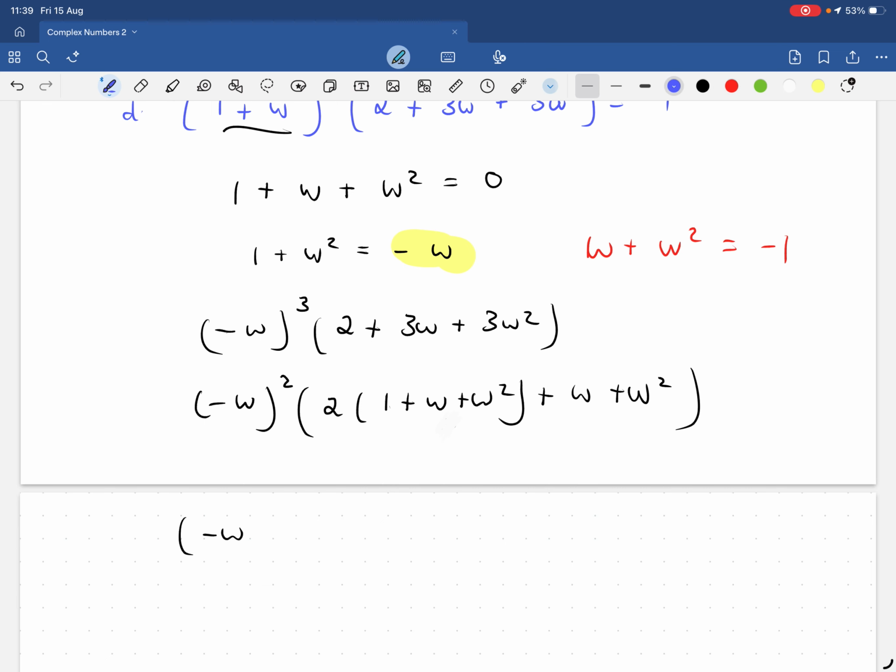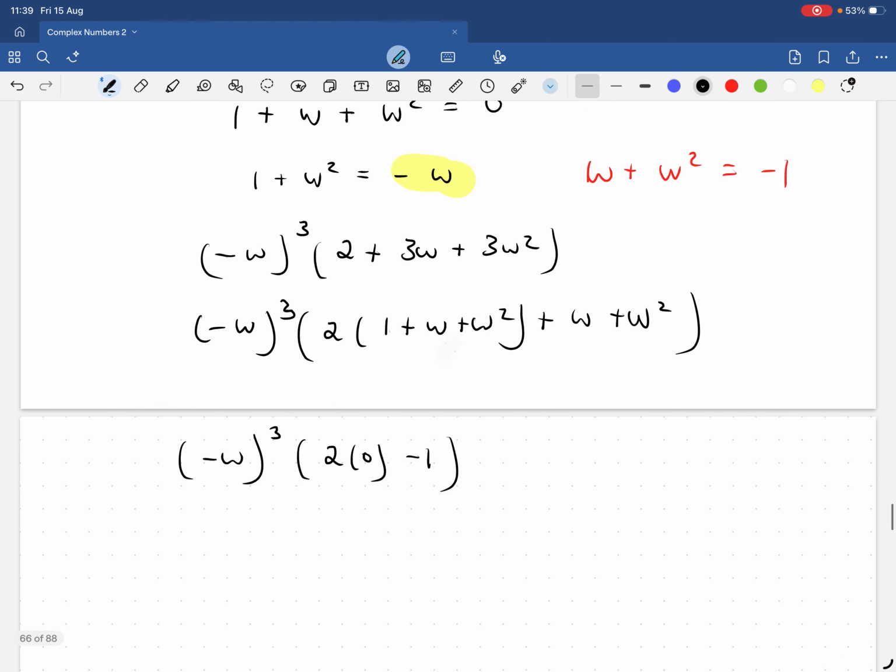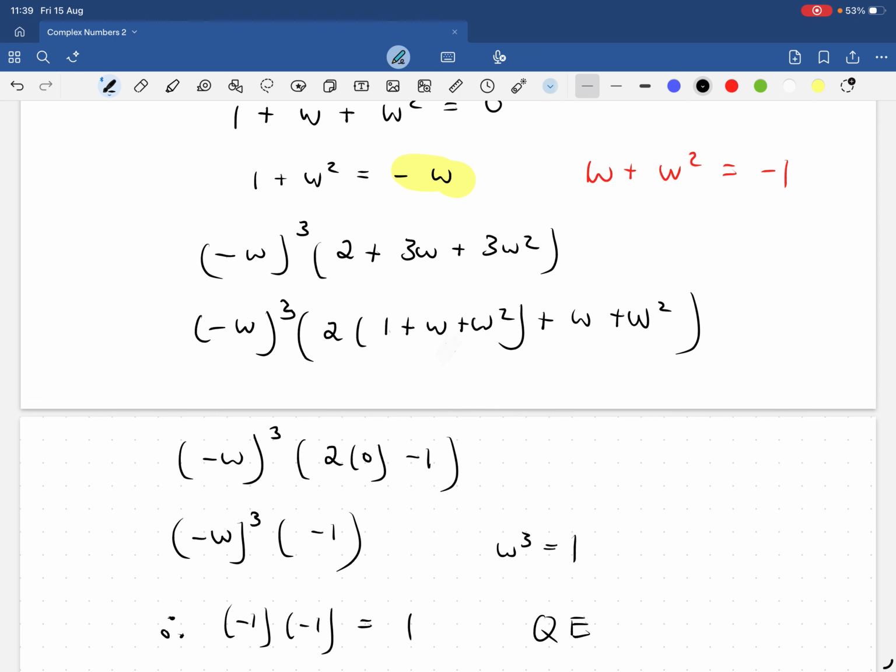So we can go, okay, well, we've got negative w cubed, 2 outside of that's 0, and then this is minus 1. With negative w cubed times 0 minus 1, which is minus 1, and w cubed is equal to 1, so therefore we've got minus 1 times minus 1, which is 1, which we wanted, QED.